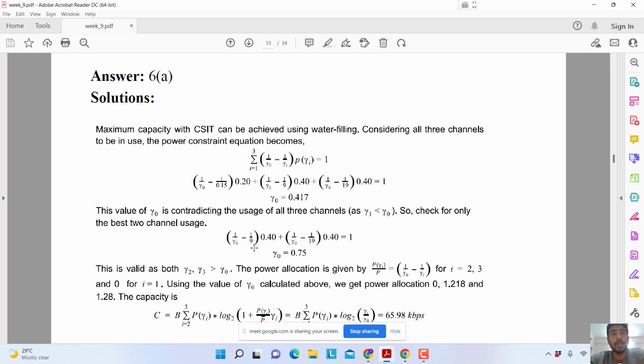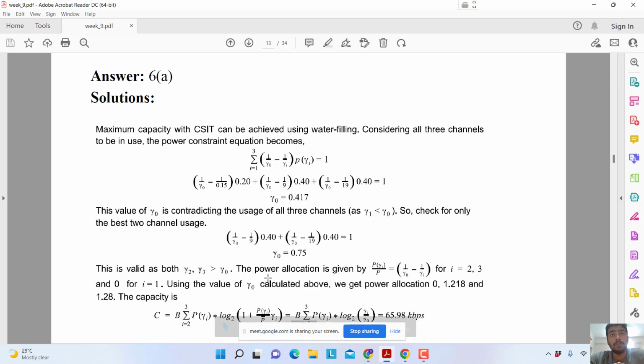Again we put in the values of gamma 2 and gamma 3 and their probabilities, and from there we get gamma naught as 0.75. Our gamma 2 and gamma 3 are greater than gamma naught, so we will select these two values.